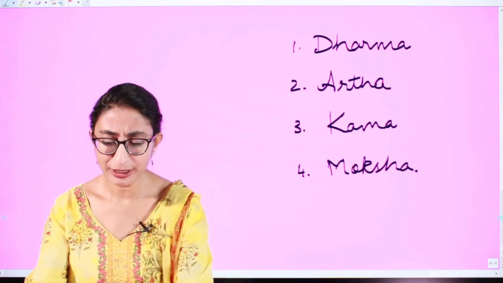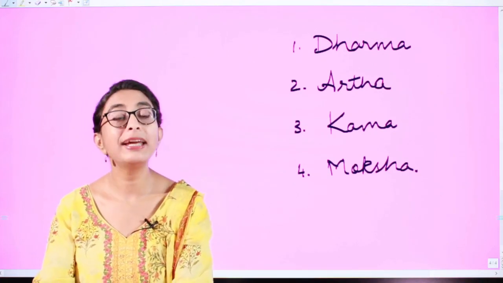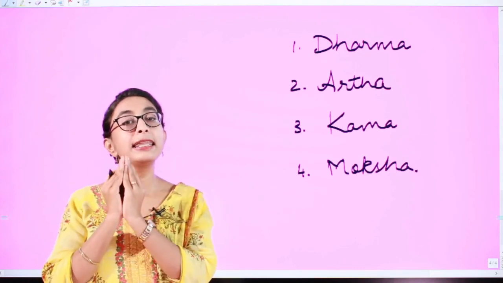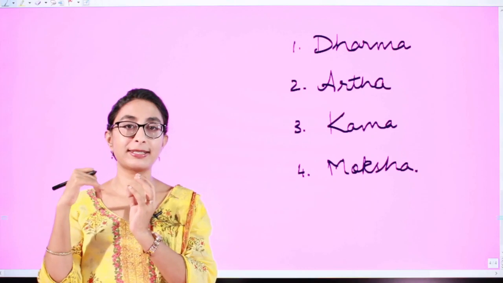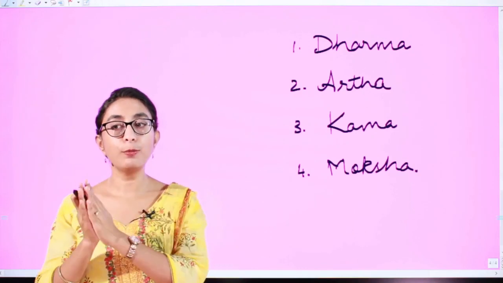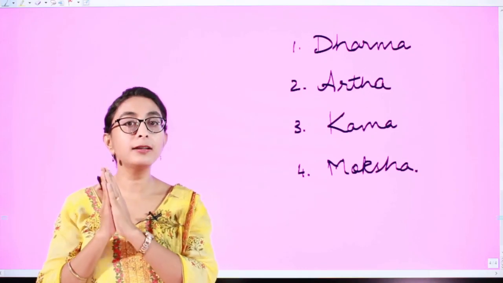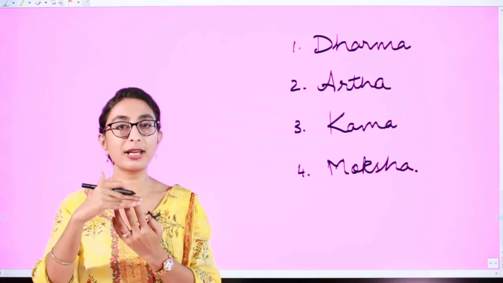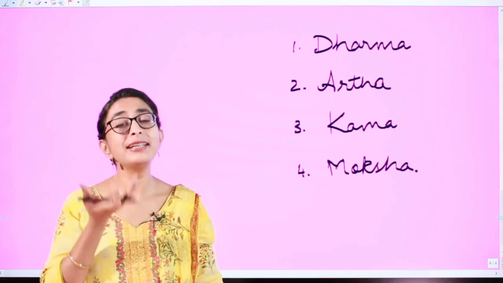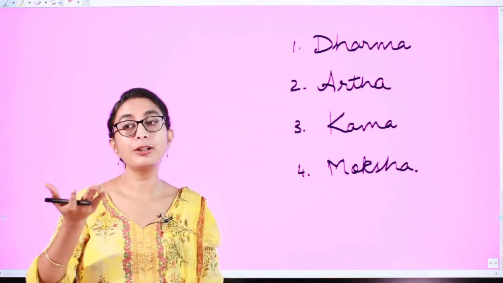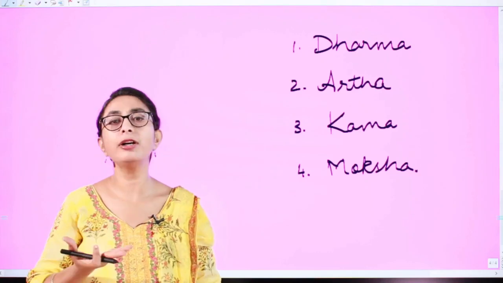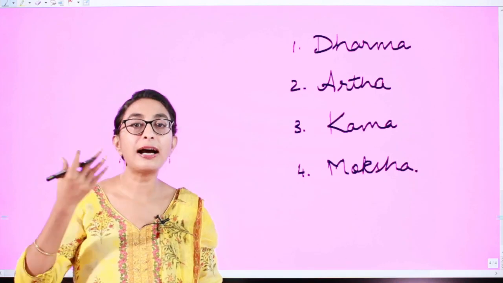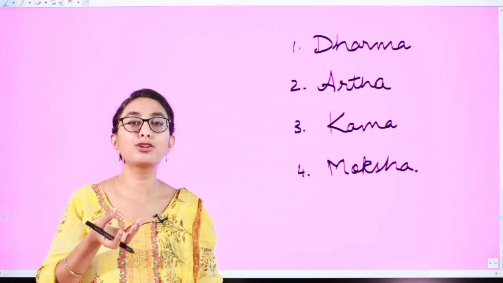Okay. So it is said that the Purusharthas are the basis of a human life, and it is based on these four Purusharthas that human life rotates. Okay, so based on these four Purusharthas of Dharma, Artha, Kama and Moksha, human life rotates around them, and it is the basis for a human being's life. That is, you have to keep these as a foundation in whatever you do in your life. That is, Dharma, Artha, Kama and Moksha in different ashrama stages form the building blocks of your life.